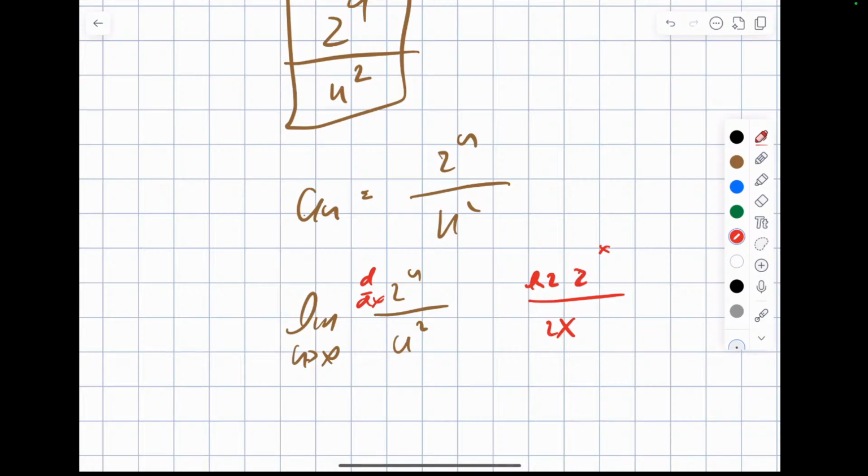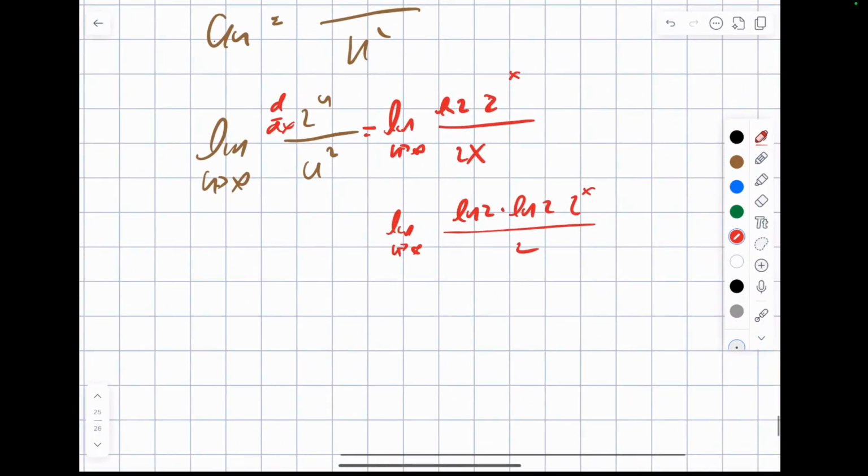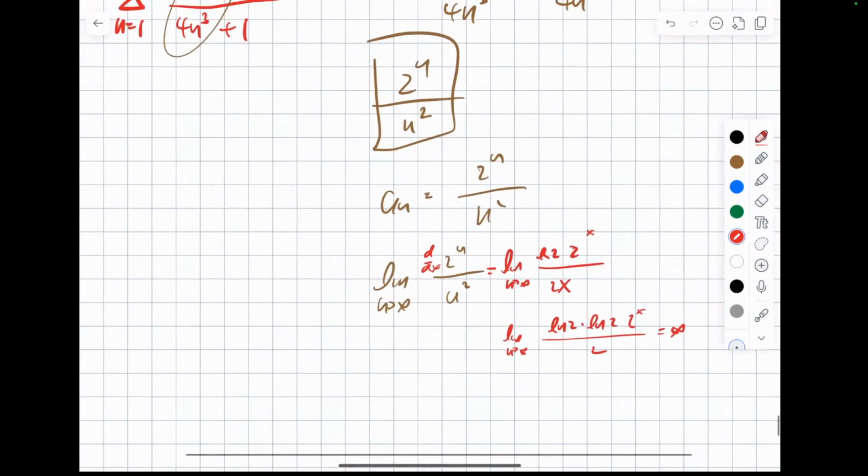Then you take a derivative again, so the limit as n approaches infinity is ln 2 times ln 2 times 2 to the x over 2. Guess what? This is going to be infinity. So this one diverges, so we know that this diverges.